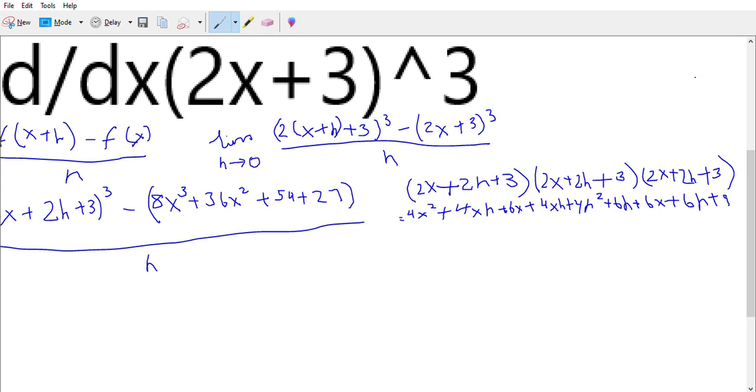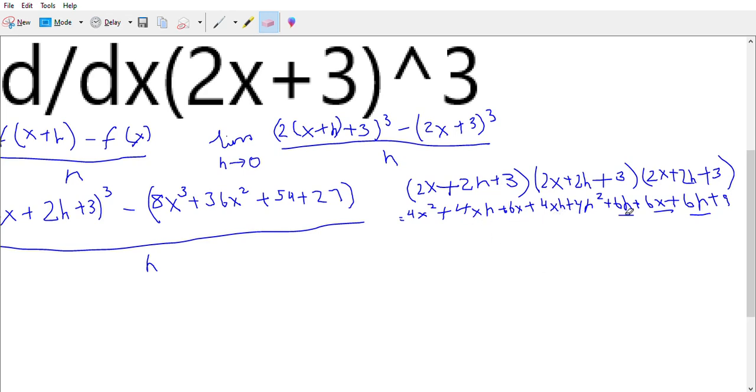And all of this is multiplied by 2x plus 2h plus 3 as well, which I'm going to do in the next step. Because first I want to combine some like terms. So 4xh, 6x, 6x, 6h, 6h. So I want to combine those like terms. It will just make the distribution a little easier.